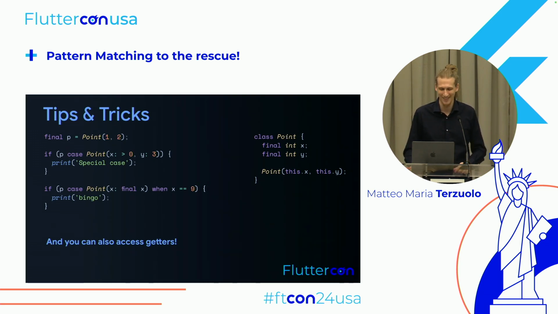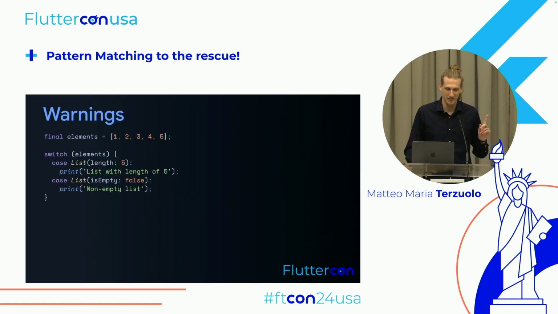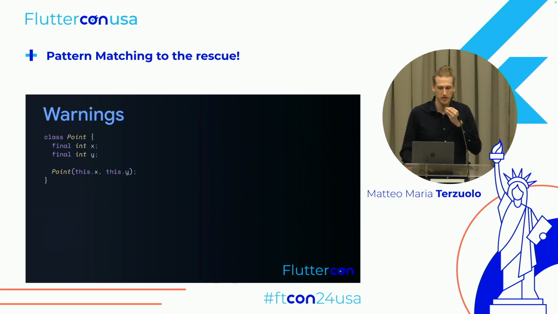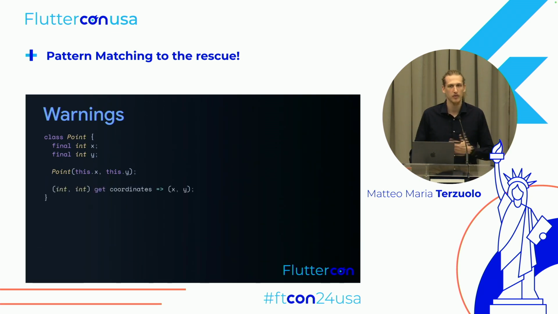And one other nice thing is that we can also access getters, because getters are actually class parameters, okay? But that can be dangerous sometimes, because, for example, in a list we can check for the length or if it's not empty, which is kind of cool. But for example, let's go back to our point, and let's say that we create a getter to get our coordinates.